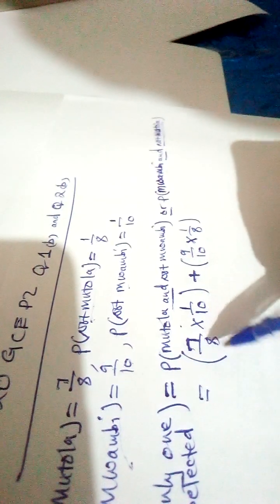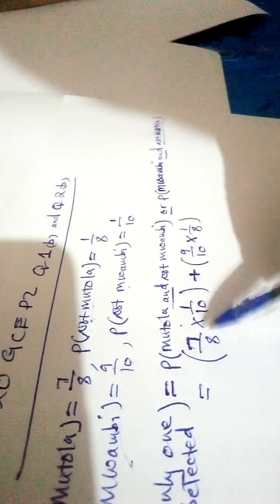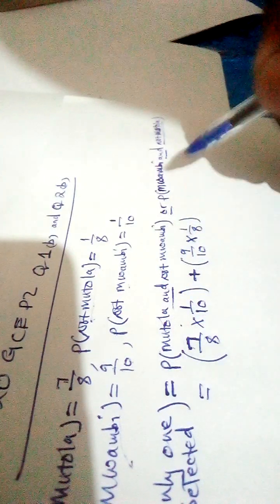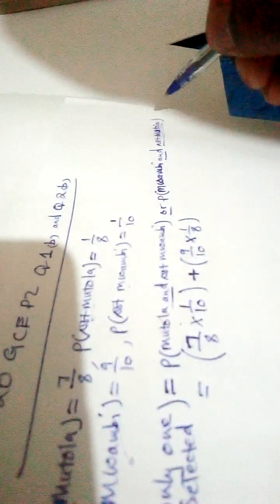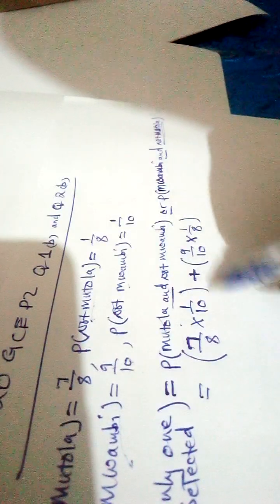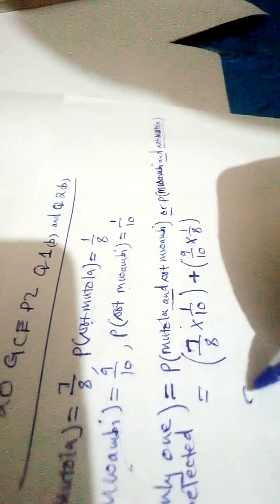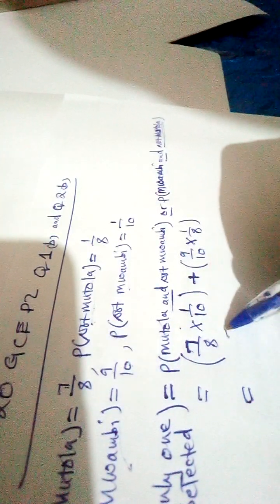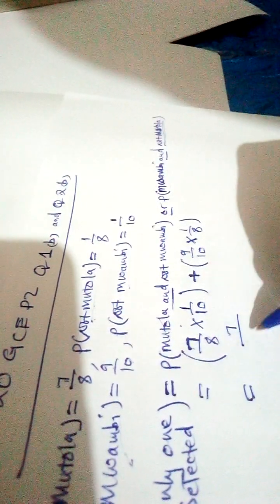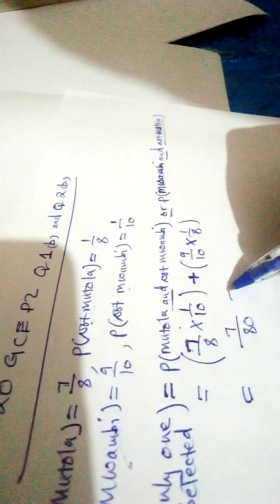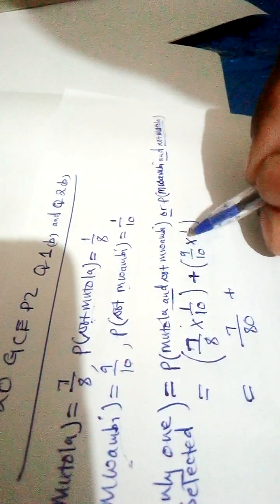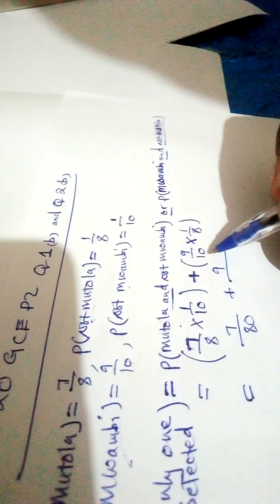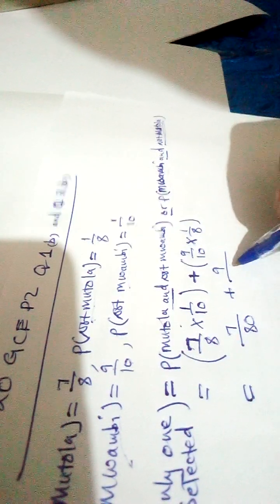Remember, we are only selecting one person. So that will be the probability of Mutola and not Mwambi, or Mwambi and not Mutola. It's still one person here. Then you go further and simplify this. This will give you 7 times 1, that is 7, over 8 times 10, that is 80, plus 9 times 1, that is 9, over 10 times 8, that is 80.